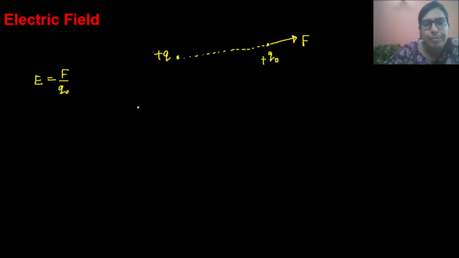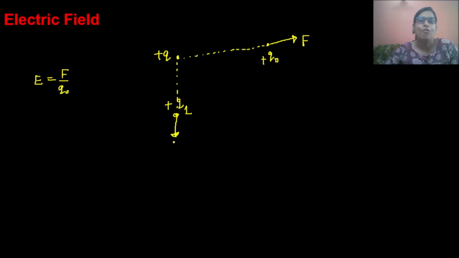And if we bring some another positive charge, suppose Q1 here, then force will be in this direction, and the electric field intensity here also will be in this direction. That means electric field intensity will be radially outward for a positive charge.